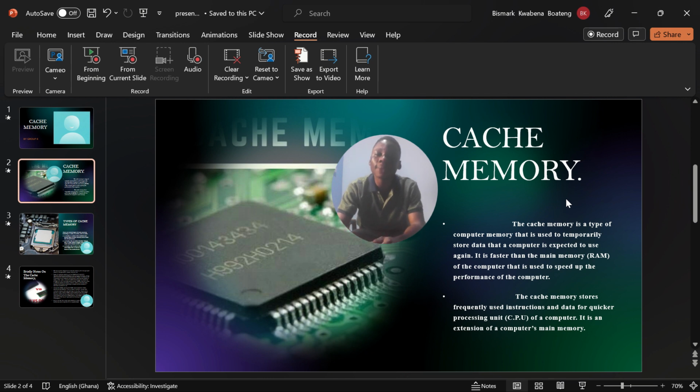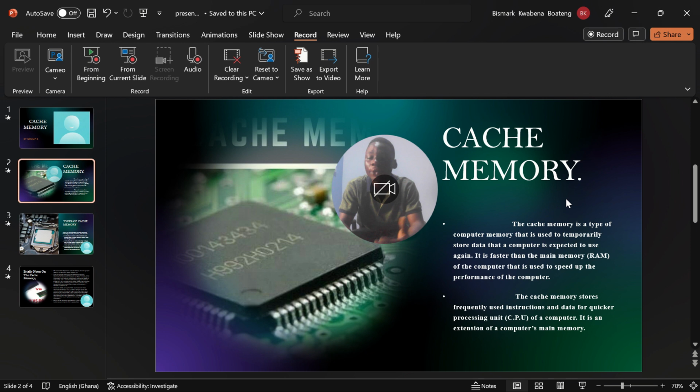So the cache memory stores frequently used instructions and data for quicker processing by the computer. As I said, when the computer processes different frequent instructions, those are from the user.